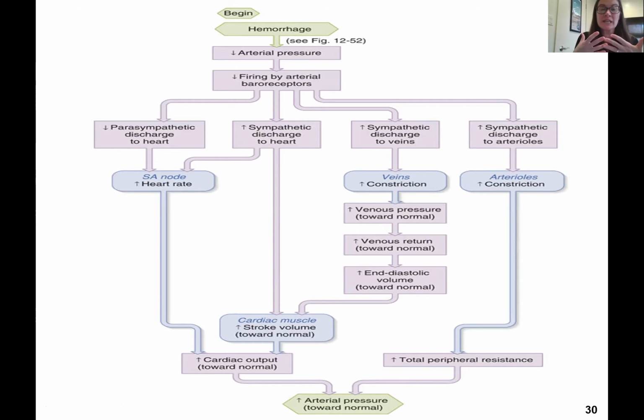You should understand that this is a feedback loop, where to begin, what's happening, what the body is doing to try to compensate for hemorrhage. So you're starting here with blood loss and how it is affecting arterial pressure and the baroreceptors, and then what your body does to compensate to try to keep your blood pressure from going too low and damaging tissues.